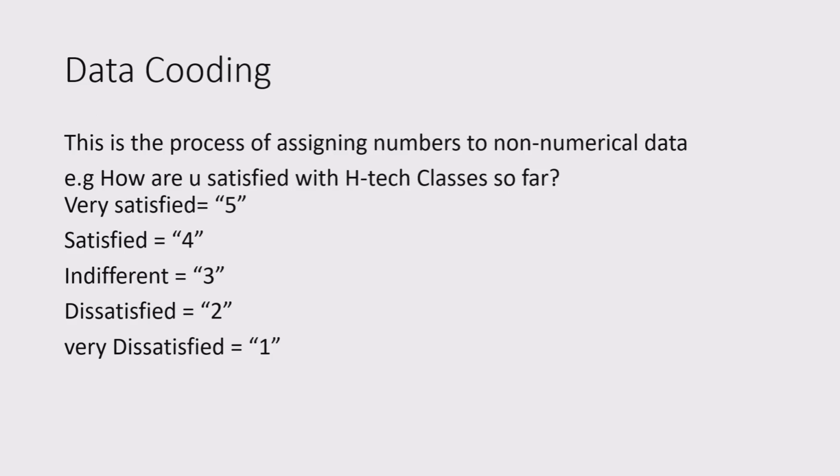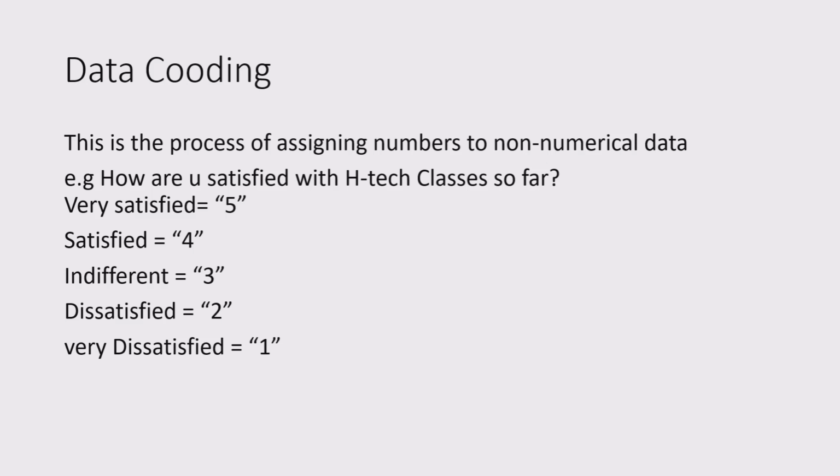Then data coding is the third thing we're going to be discussing under this introduction to SPSS. When we talk about data coding in SPSS, you can code your data. Remember, most social science surveys deal with questionnaires, and those questionnaires basically have words or alphabets, so it's your responsibility to code them into SPSS.